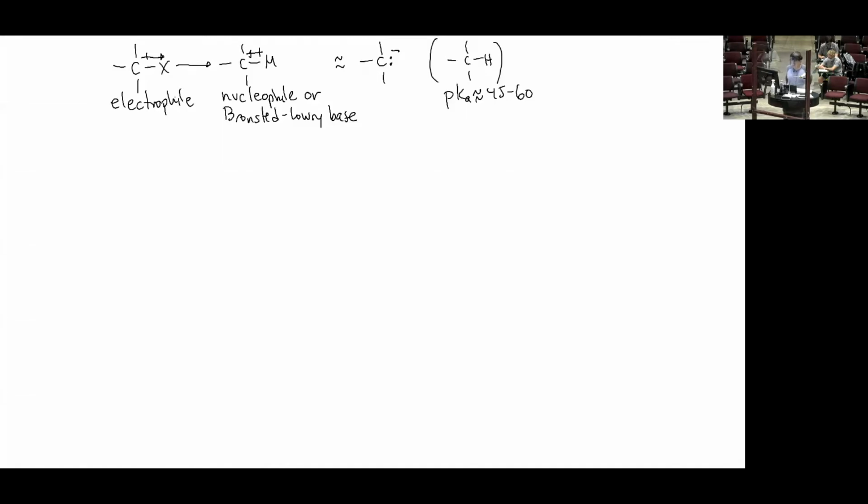And then I also want to at least get through enough information to get you started on the idea of redox in organic chemistry. It's something we'll hit upon again and again, repeatedly throughout both this term and next term.